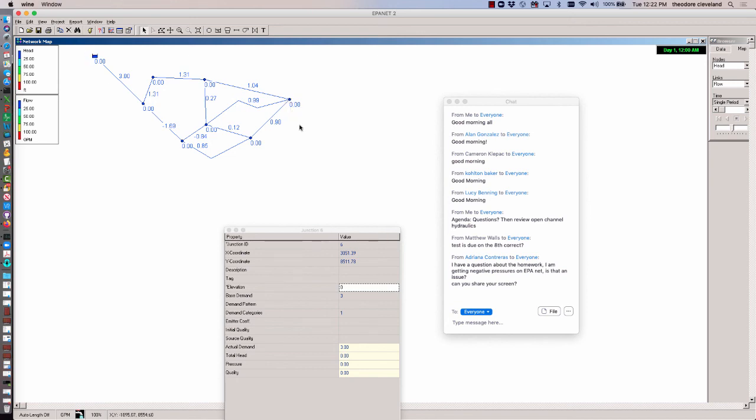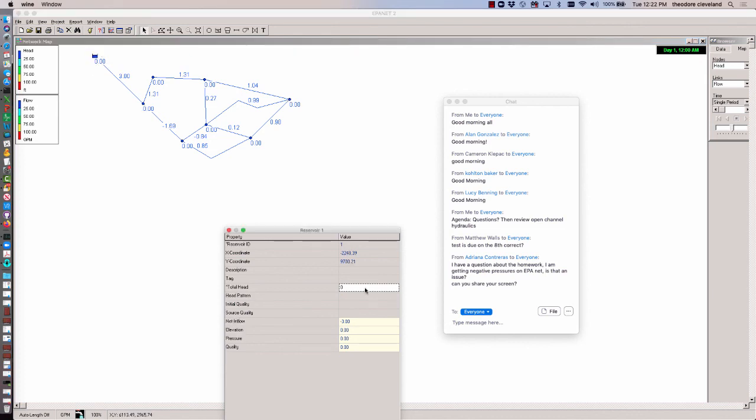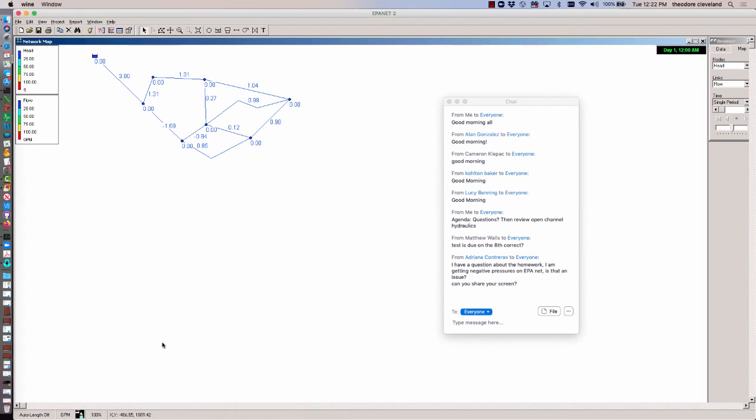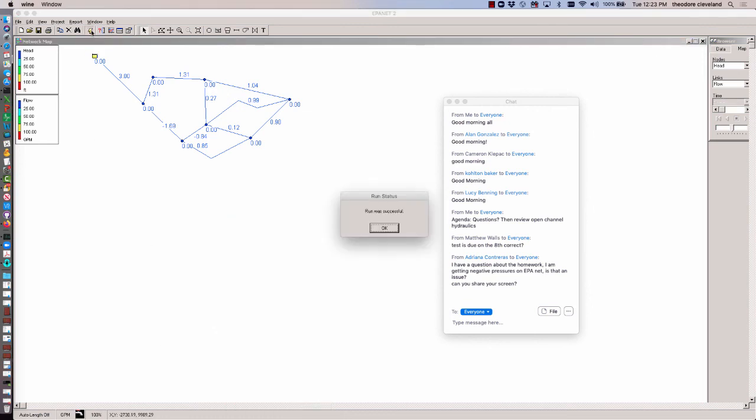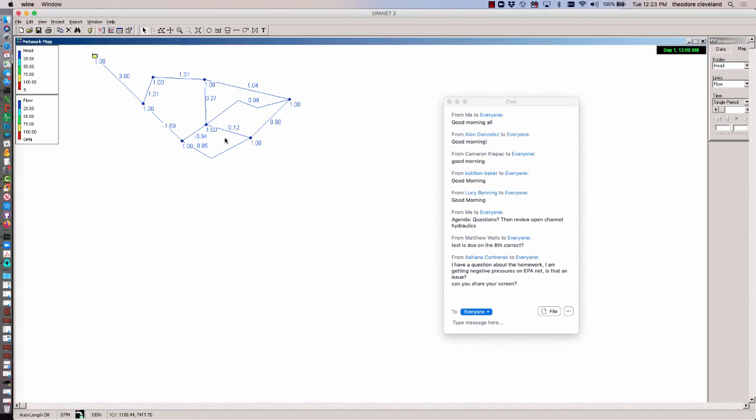So it doesn't do a solution, but if I go to this reservoir and give it enough head to actually push water through, we'll see what happens there. And now I have positive values of head in the system.